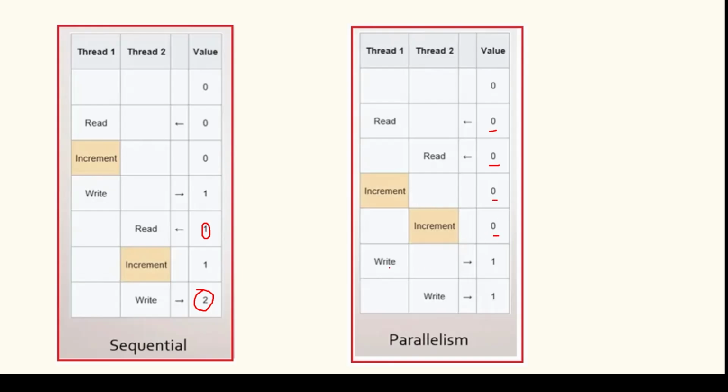That's why the final value will be 1 by thread 1 and 1 also by thread 2. Ideally, the number should be 2 because we have performed the increment operation twice. Because we are running the two threads in parallel, we have this issue and the number is not incremented properly.